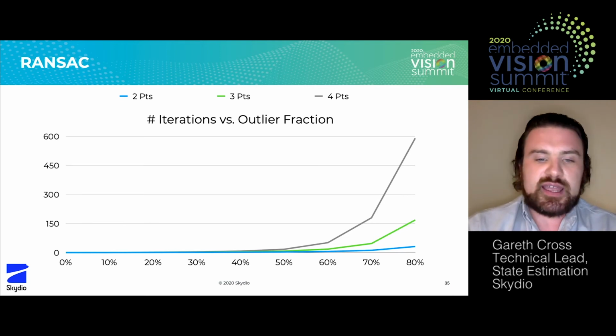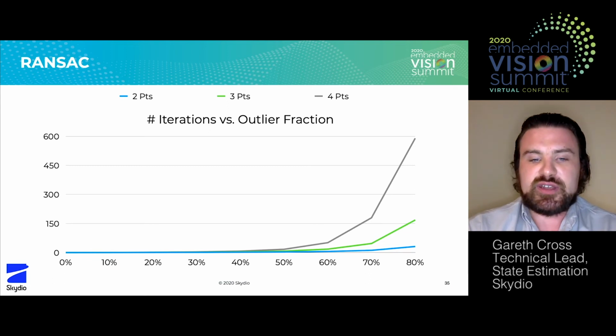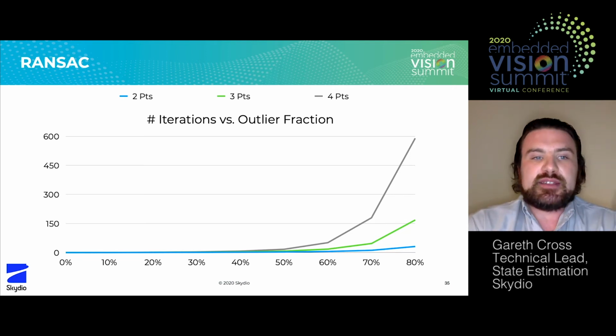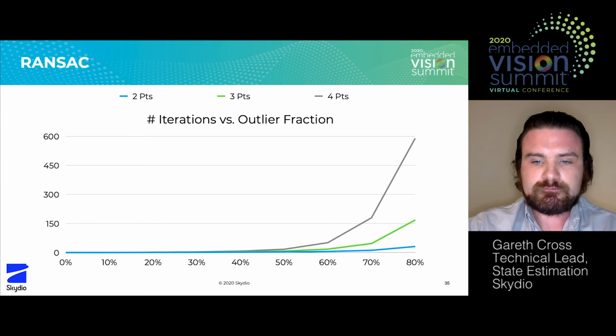This illustrates how, as the outlier fraction increases, or as the number of points you need to draw increases, RANSAC can scale quite unfavorably. The exact values aren't that important, but the key takeaway is that if there are things you can do to eliminate outliers prior to attempting this kind of algorithm, that may very well be a good idea because this can scale quite poorly.